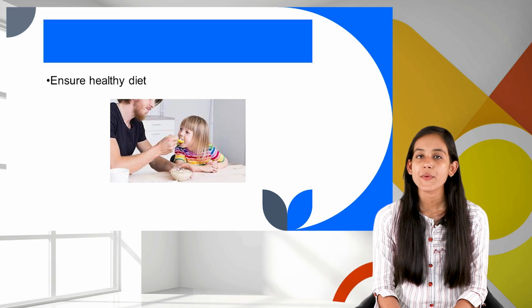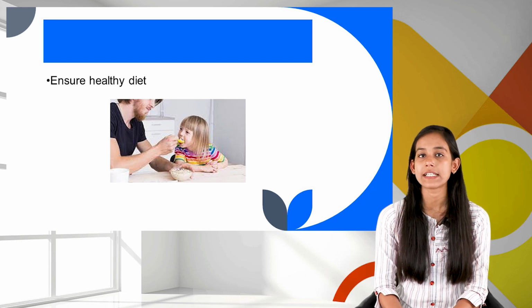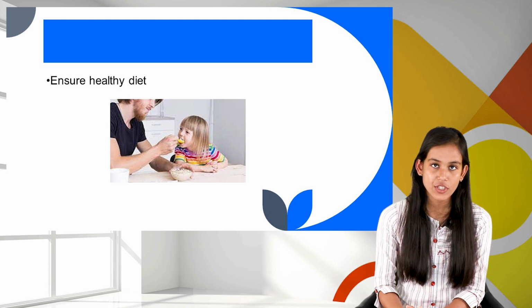So you have to advise the parents that if they find any symptoms like this, they have to inform the physician. Next, we have to ensure that the child is taking adequate nutrition.